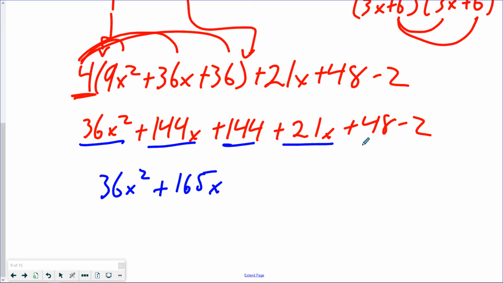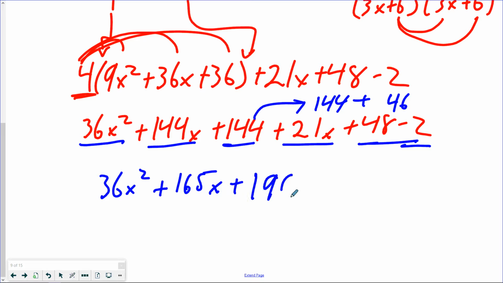So we can go ahead and subtract. This is 40. And then 40 plus the 144 from over there is going to be 184. So this is our function. Okay. This is g of f of x.